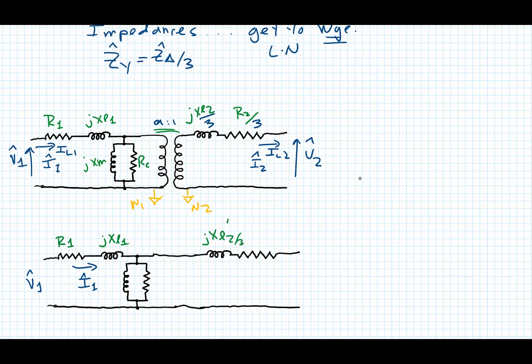XL2 prime divided by 3. And let's make these blue, jXL2 prime divided by 3, and R2 prime divided by 3. So we're just carrying the 3 out in these calculations here, and these stay the same.